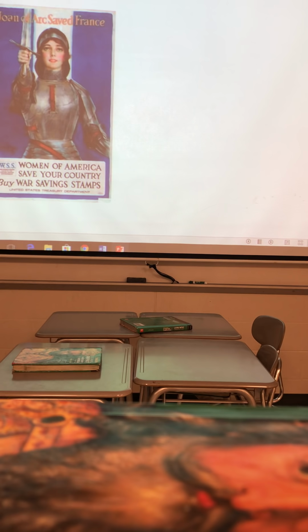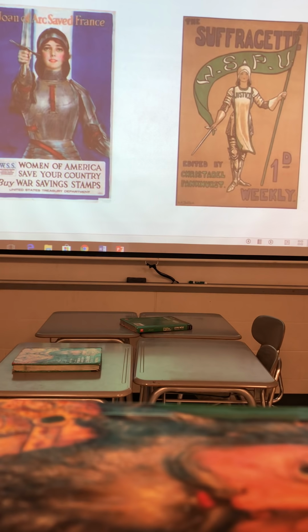So, this is very interesting to me because this is Joan of Arc. You don't know who Joan of Arc is yet. But let's rewind 100 years exactly. 100 years ago on November 11th, which will be in about a week, was the 100-year anniversary of the end of World War I. These pictures are from World War I. It's called propaganda, basically information that someone uses to try and persuade someone with a certain cause.